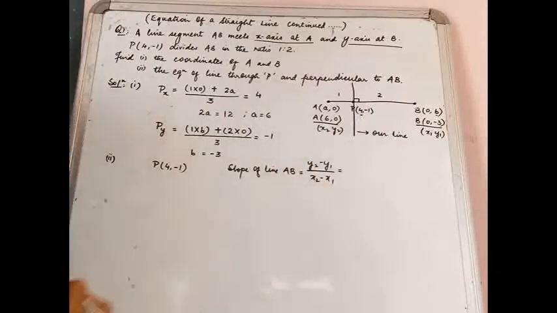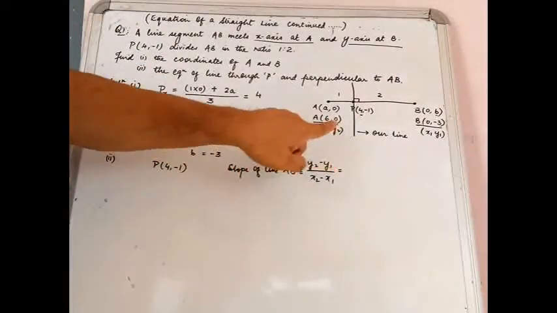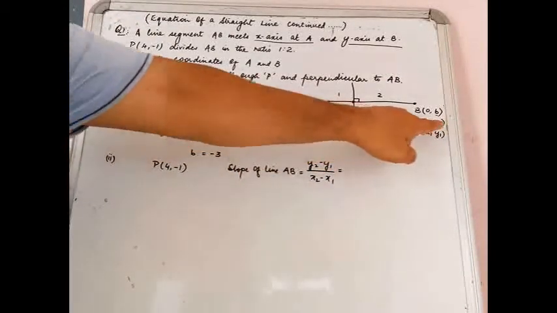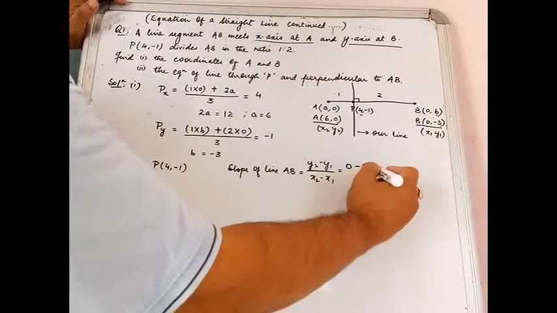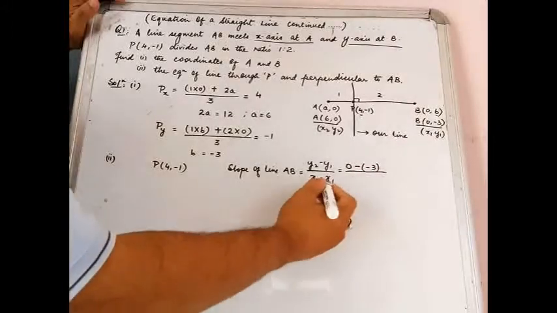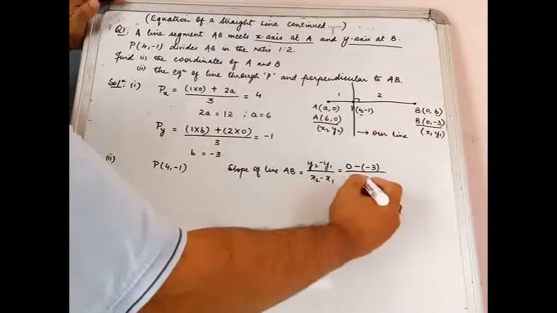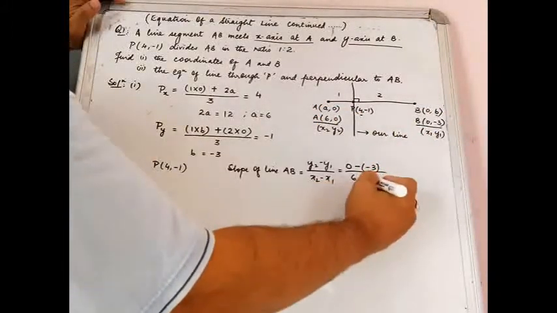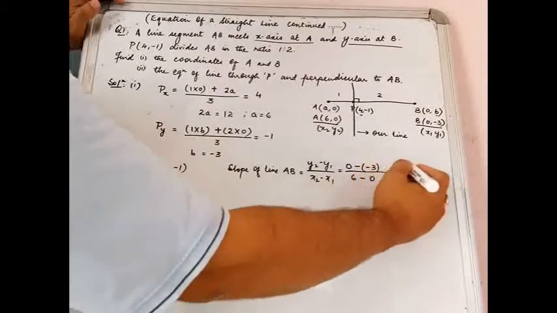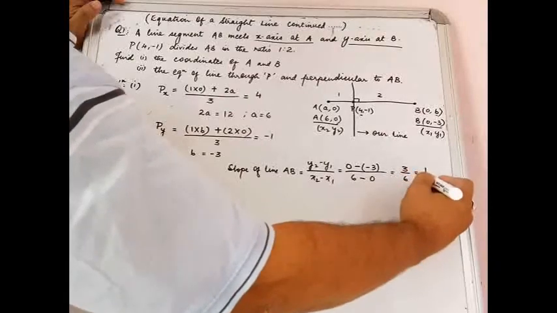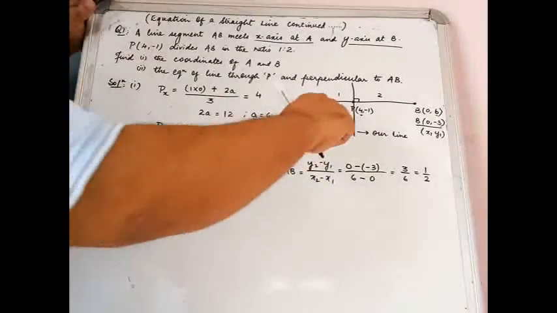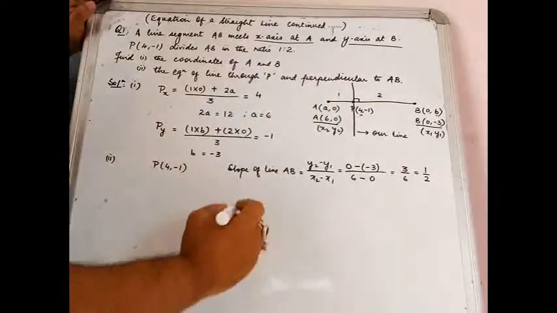So y2 minus y1 means 0 minus of minus 3, divided by x2 minus x1. So x2 is 6 minus x1 is 0. Minus of minus becomes plus 3 upon 6, so this becomes 1 upon 2. The slope of the line AB is 1 upon 2.